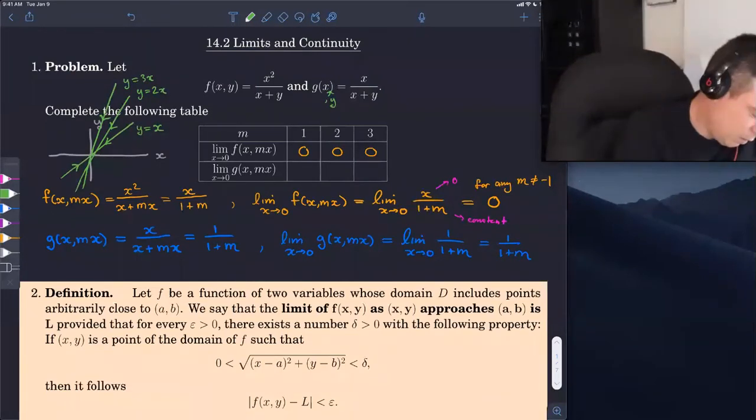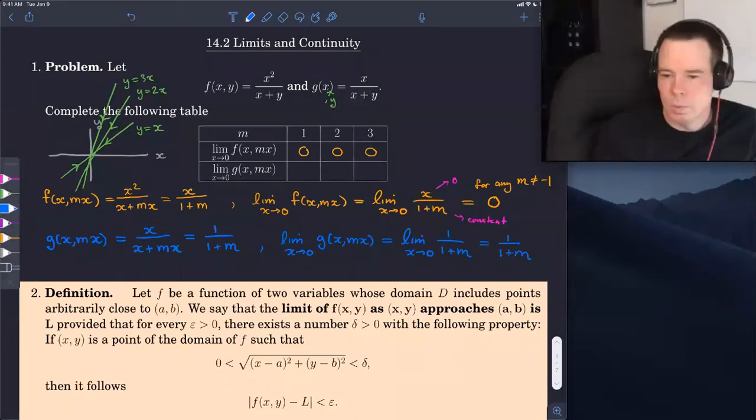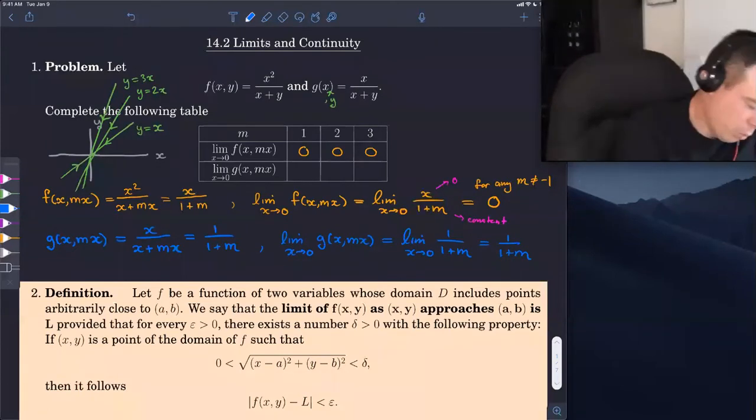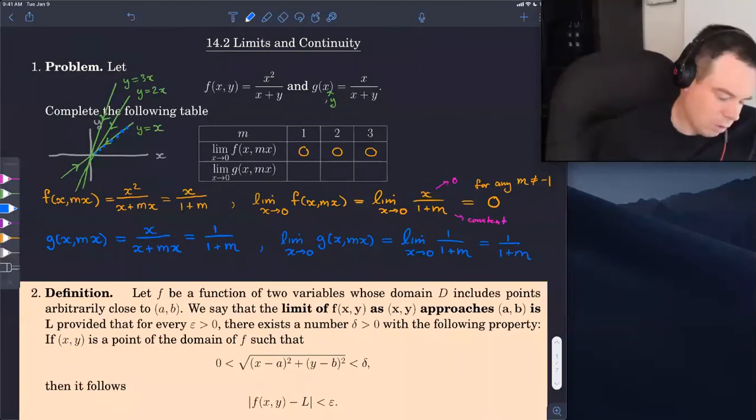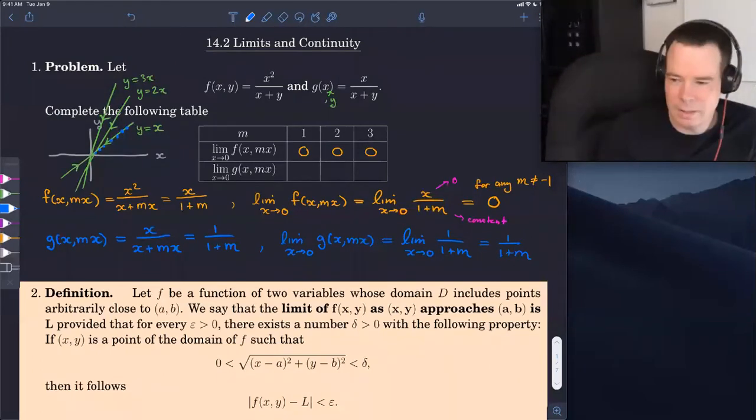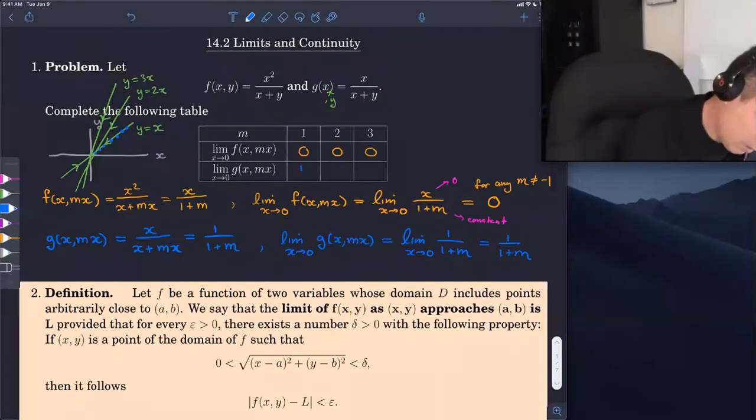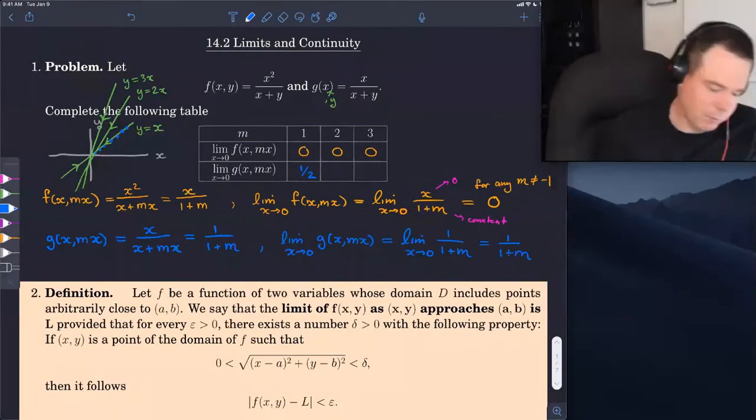The next calculation says that, well, now for g, it really depends on which line we are taking our points on. If we're on the line y equals x, so m is 1, then as we let our points travel along this y equals x line, then our function value goes to 1 over 1 plus m, or 1 over 1 plus 1, or in other words, a half.